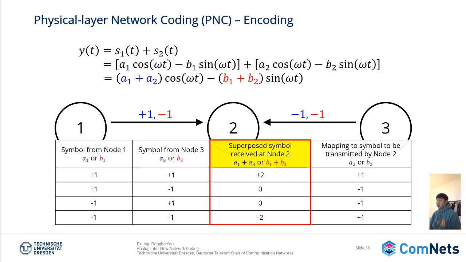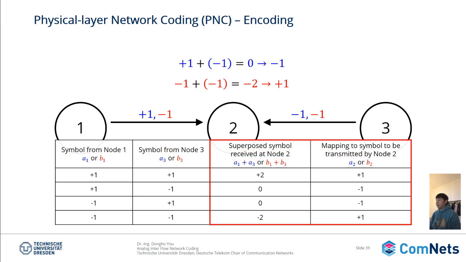Similarly, S2 is A2 cosine omega t minus B2 sine omega t. When we use the associative law, the superposed symbol can be simplified like this: A1 plus A2 and B1 plus B2. Actually, this is very simple.